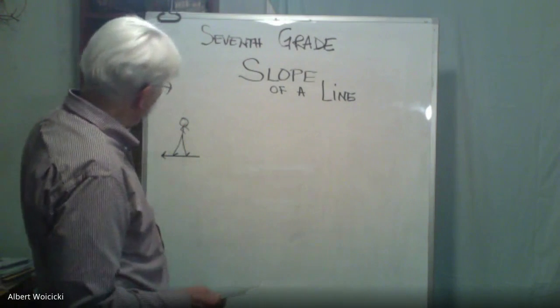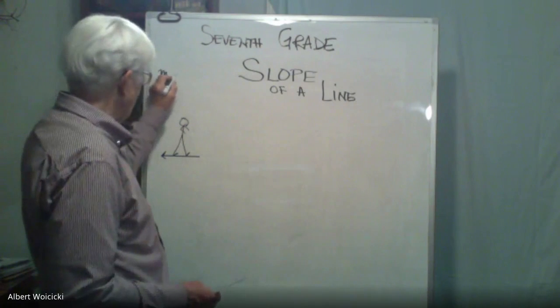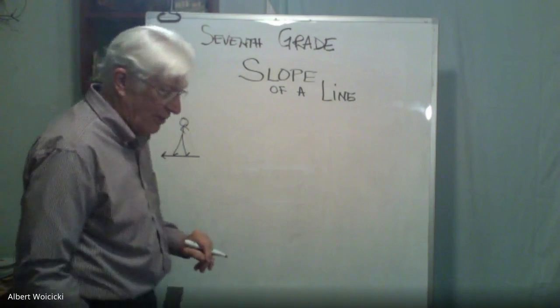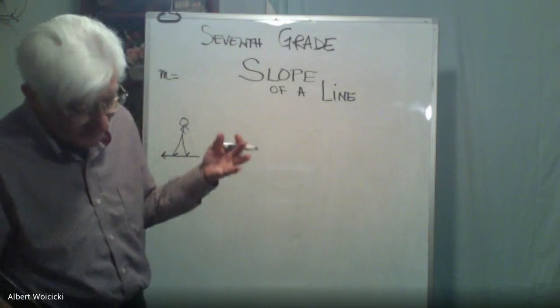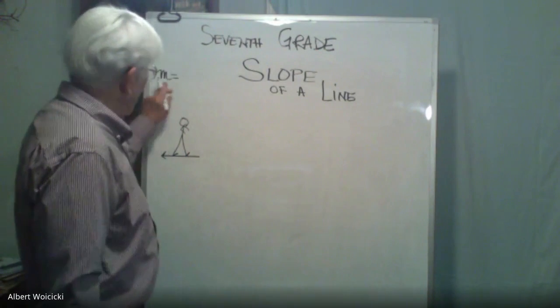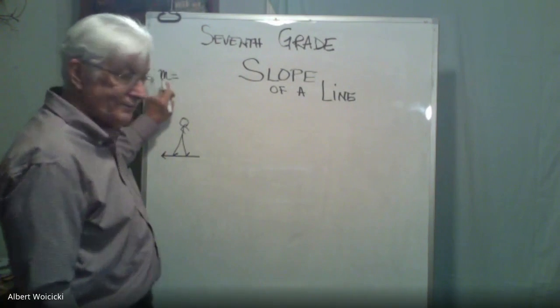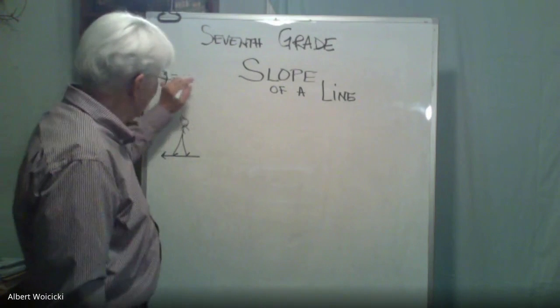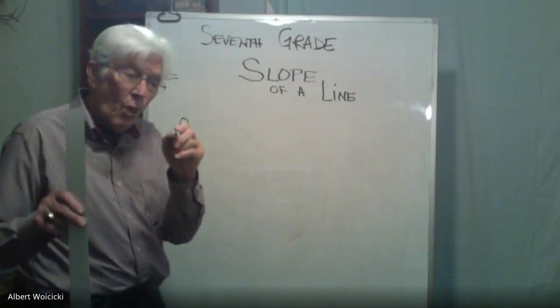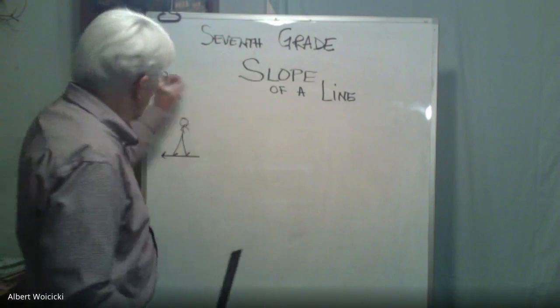Now, slope, which we use the small letter m for, and all my students always ask, why did they use m? How come they didn't use s? Well, they didn't. It's m. m is slope. And it's the change in y, the vertical change.